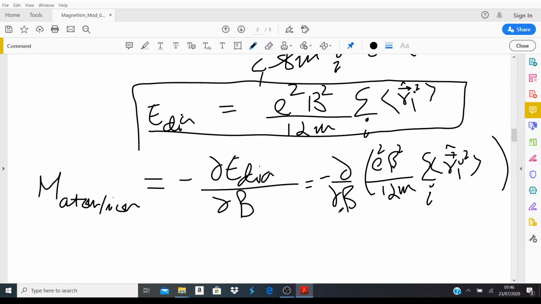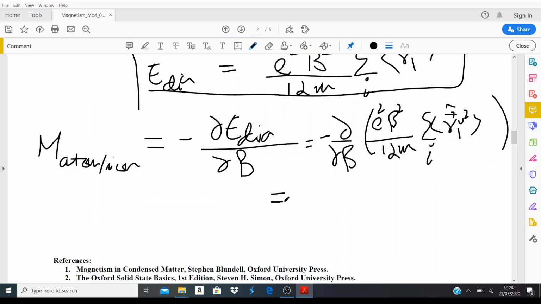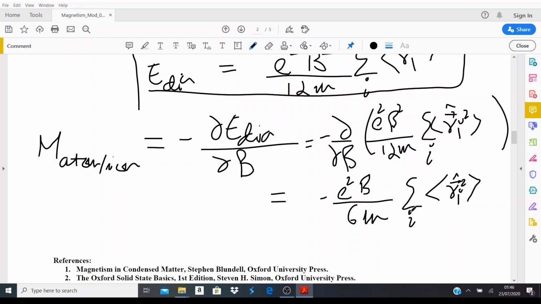So if you differentiate B square, you will get 2B, and that 2 will divide the 12 to 6. So the final expression, once you differentiate, is minus e square B by 6m, and then the expectation value of this quantity ri square, and we are summing over this. This is an important expression.